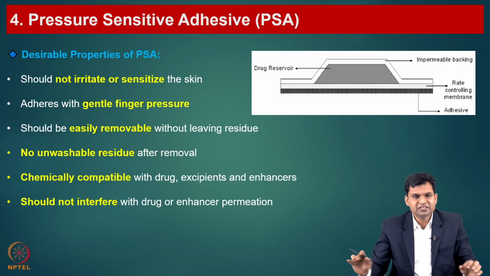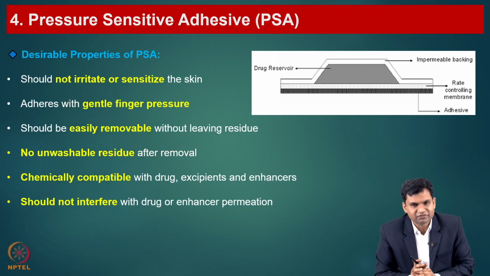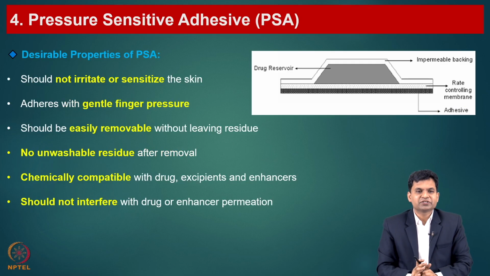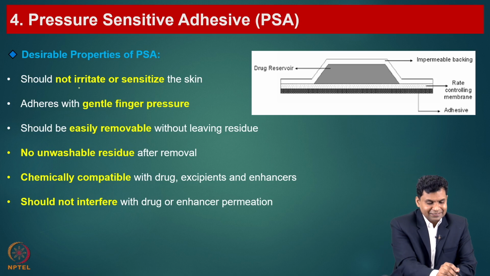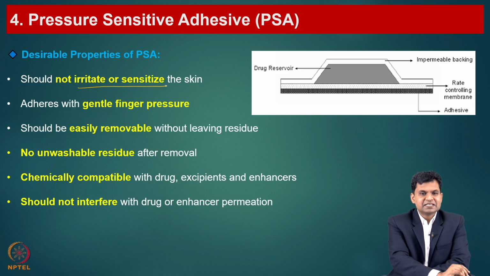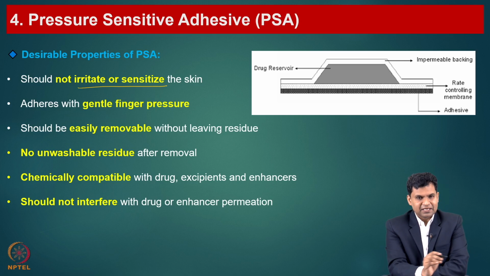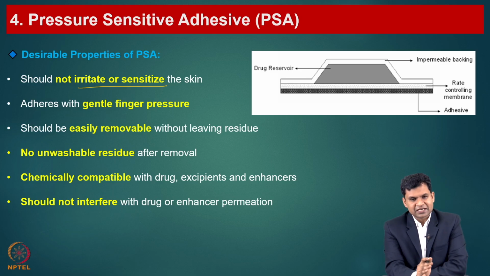Now, here we will see some of the desirable properties of any type of pressure sensitive adhesive material. Your pressure sensitive adhesive material should not irritate or sensitize the skin, as we discussed in other cases also, in the case of permeation enhancers as well as drugs.